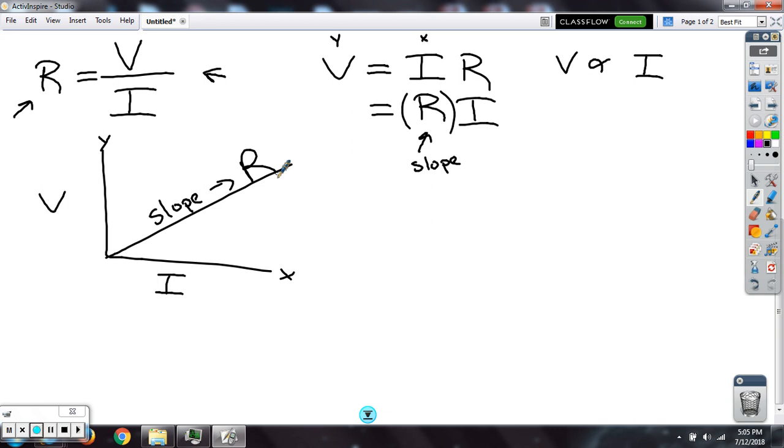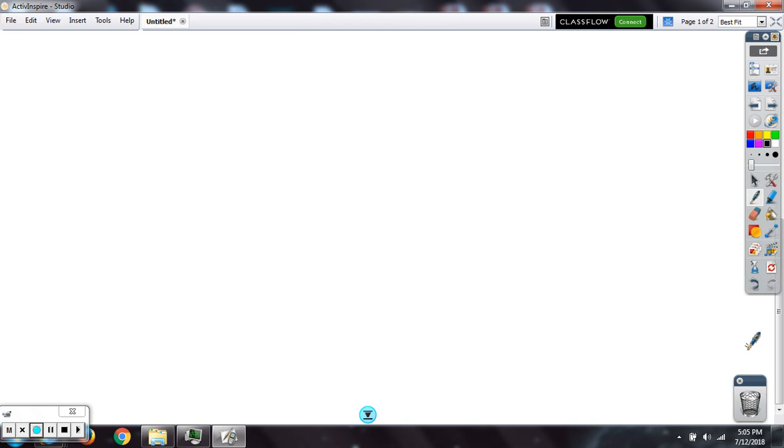Skip to the third one down, where we have capital E stands for elasticity. But it's also referred to as the Young's modulus.